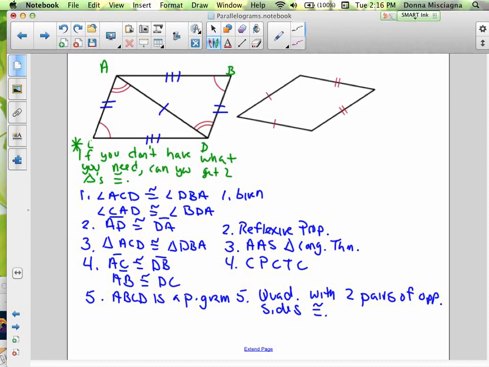Now, I used up a lot of space here for that first problem, but the second problem isn't going to need much. And we're not going to do a proof here because it is quite apparent that this is not a parallelogram. All right, so this quadrilateral is not a parallelogram.